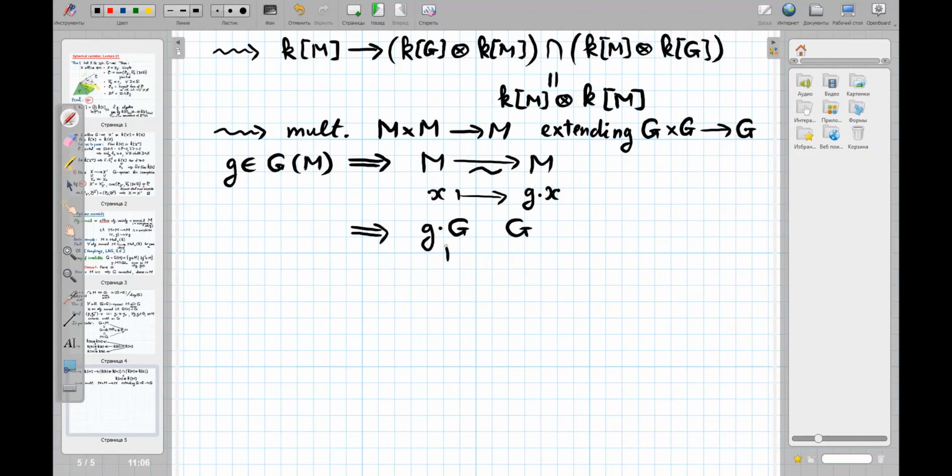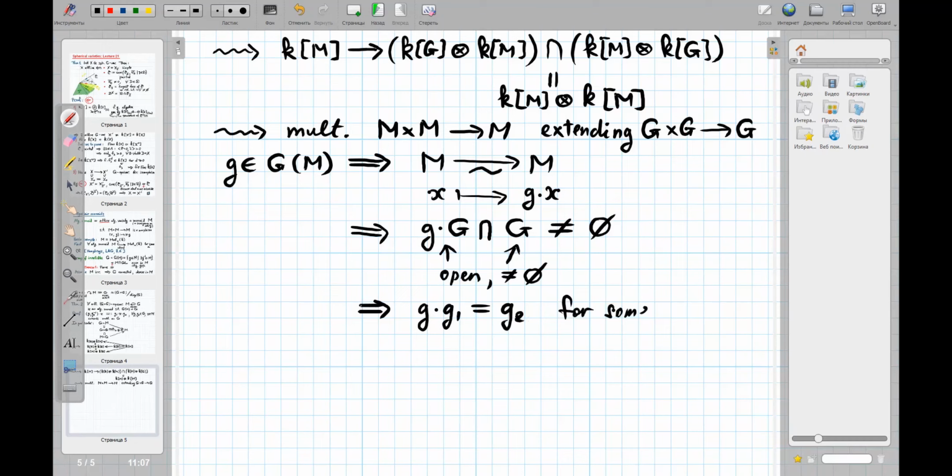Both are open dense, non-empty subsets in my irreducible algebraic variety M, and since M is irreducible, these two open subsets intersect. And if we take any element in the intersection, we get something like g dot g1 equals g2 for some g1, g2 in G.